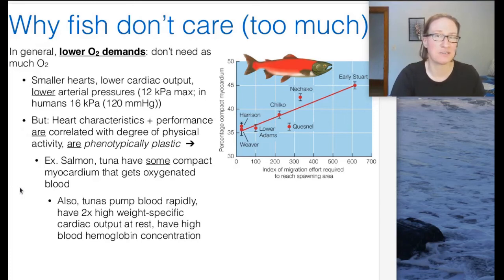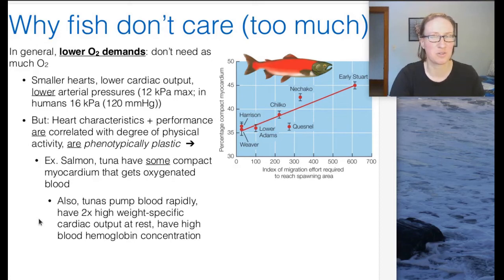And just to give you some examples of this, fish like salmon that we saw at the beginning of the semester and tuna do have some compact myocardium that gets oxygenated blood around the exterior of the heart. And tunas are exemplars for a number of reasons. They pump their blood much more rapidly, and they have twice as high a weight-specific cardiac output at rest and very high blood hemoglobin concentration.